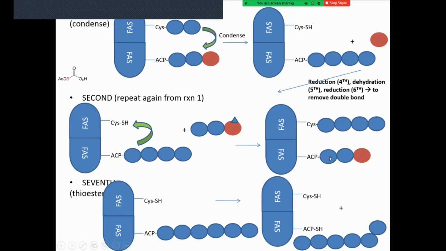Yang merah tu dia akan lekat dekat yang cuma 2 tu je lah kan? The merah one, dia akan putus, dia akan keluar untuk menghasilkan, macam ATP kan dia boleh potong 1-phosphate to produce energy kan. Dalam kes ni malonyl CoA dia boleh potong satu ni, dia keluar kat dia boleh menyebabkan 2 ni condense, bergabung.